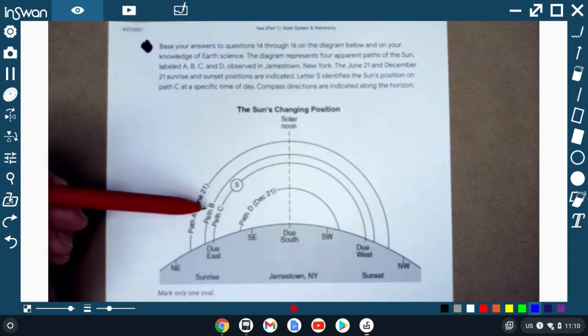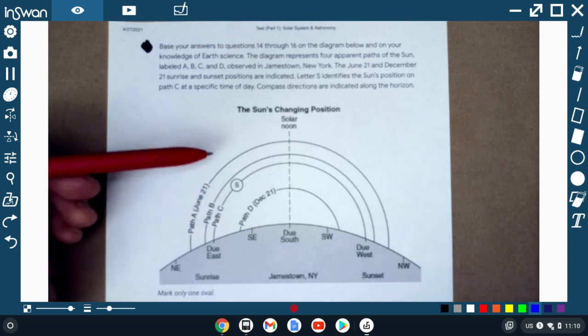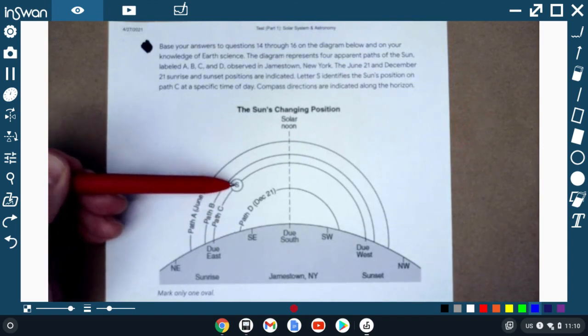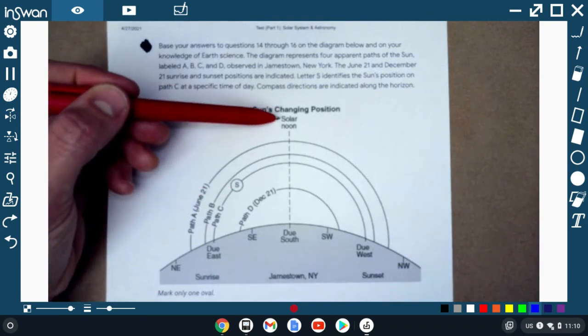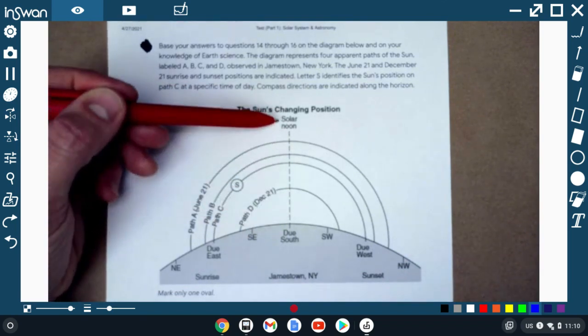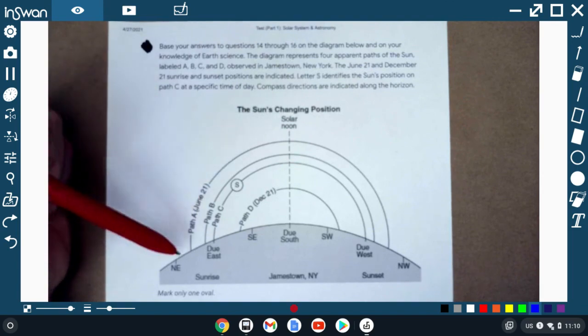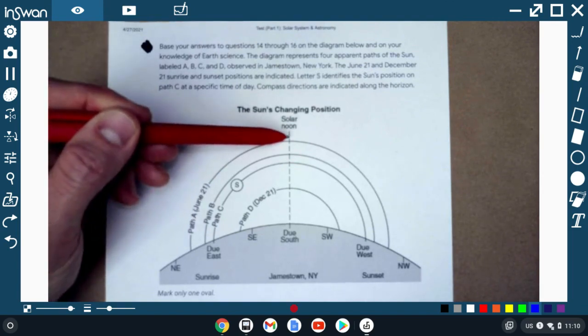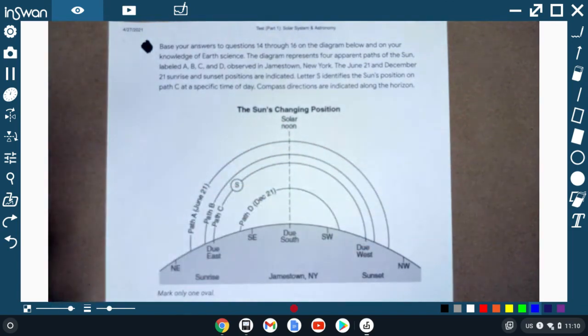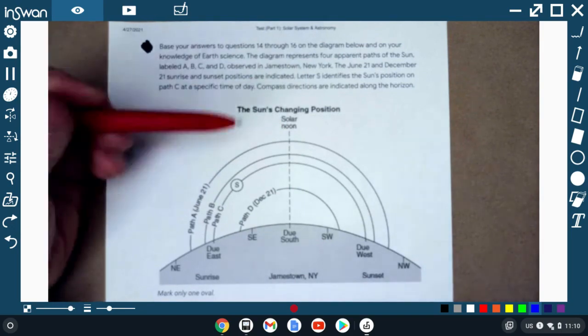Now, we don't know the dates of B and C here. And they give us a little circle here with an S saying this is the sun. Now, we also know that this is solar noon. Now, remember, solar noon is when the sun has been up for half of the time, and then the other half, it'll be setting. So it's halfway through when we see the sun.